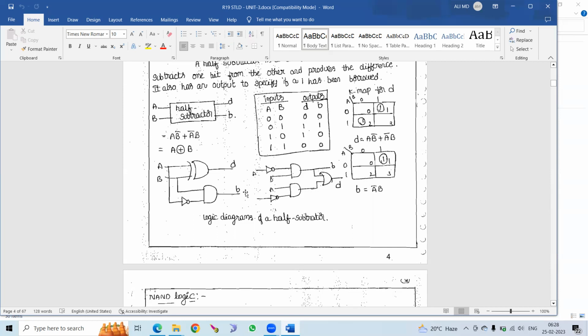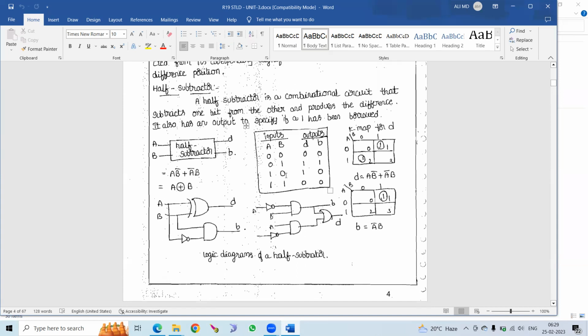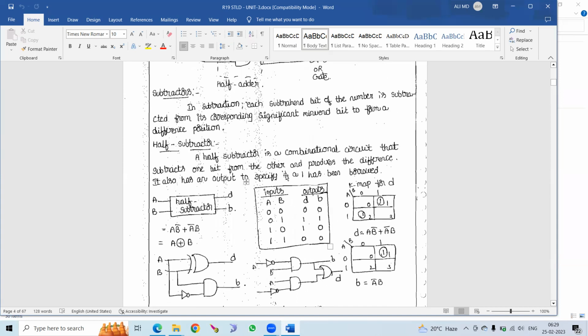Borrow is equal to A bar B, so we use an inverter to get A bar, take input B, and product them with an AND gate, giving borrow equal to A bar B. The same expression can be represented in the form of an AND-NOT gate as shown. So this is about the half subtractor.